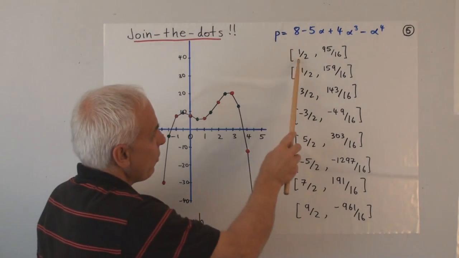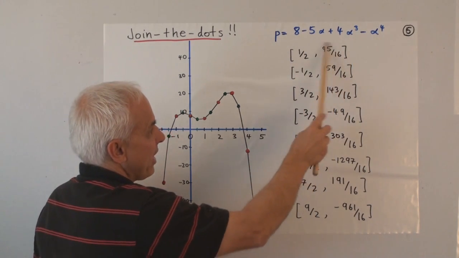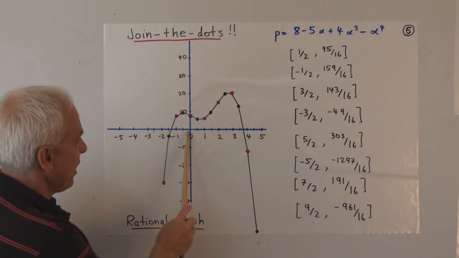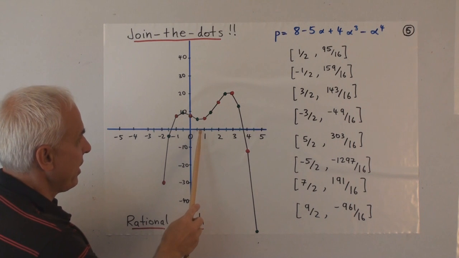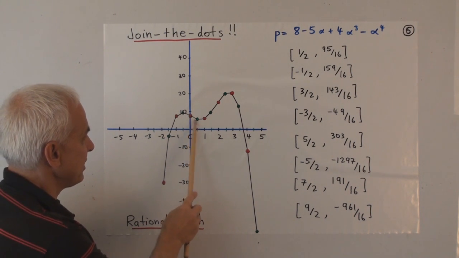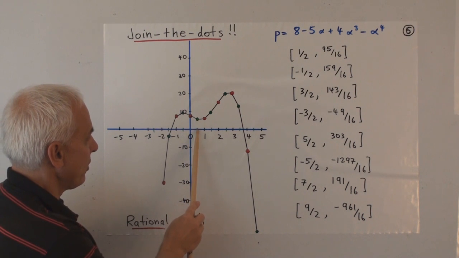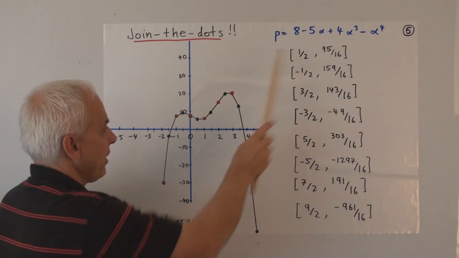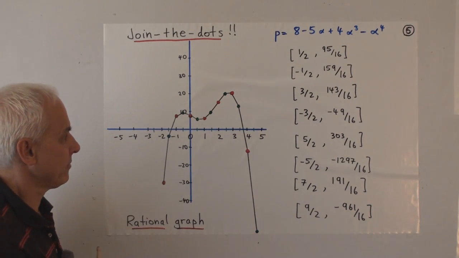So if I plug in 1/2 into here and compute, I get 95/16. And when I plot that, there's the x coordinate 1/2. 95/16, that's roughly about 6. And so with those two coordinates, we can plot that point there. There it is there in the green.